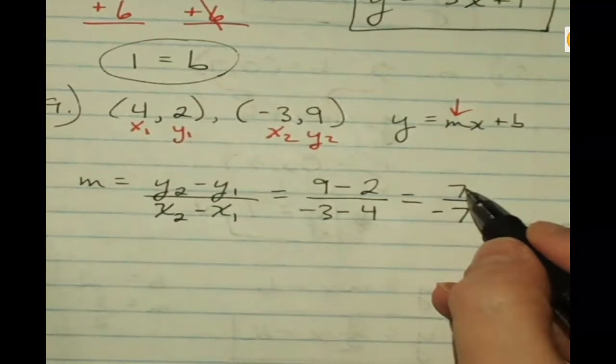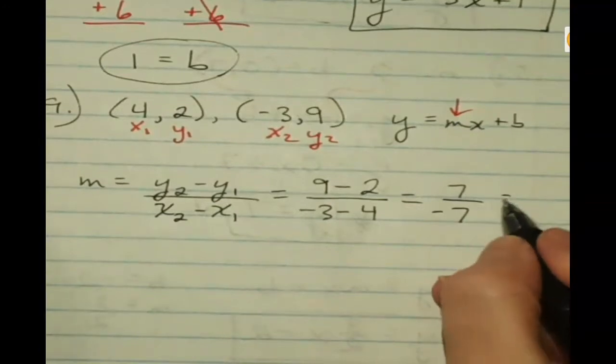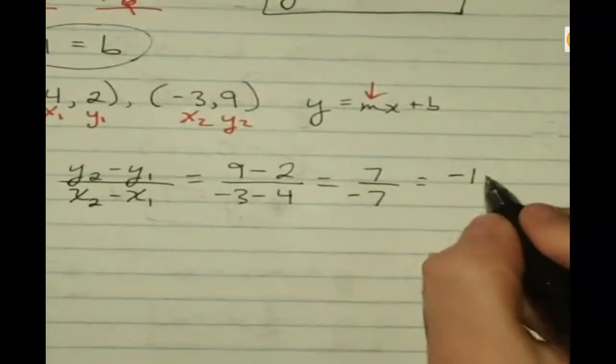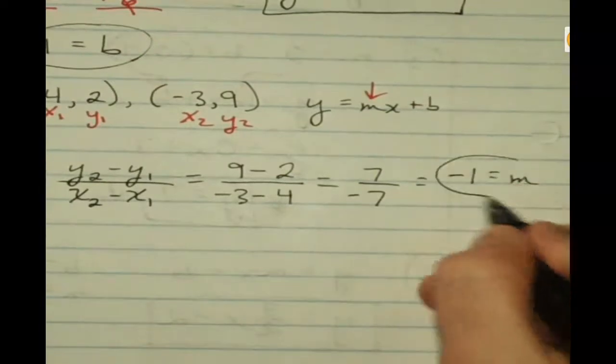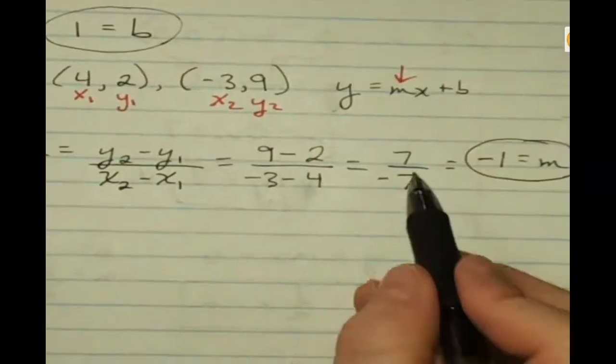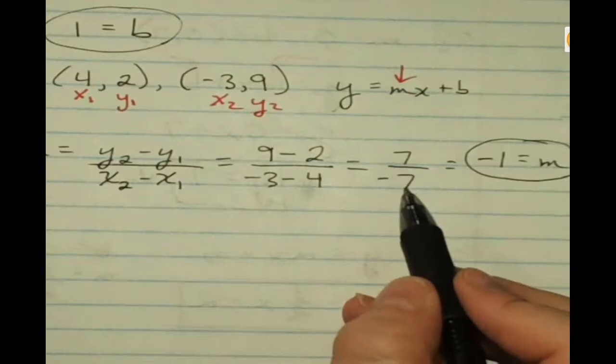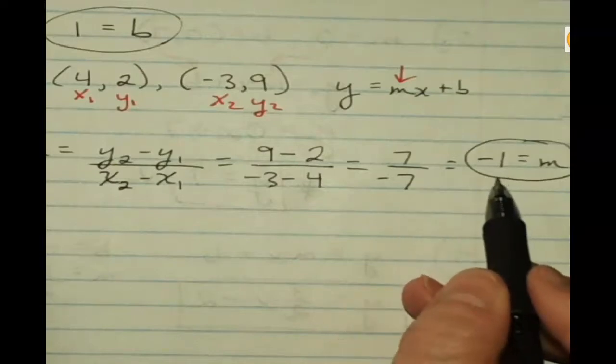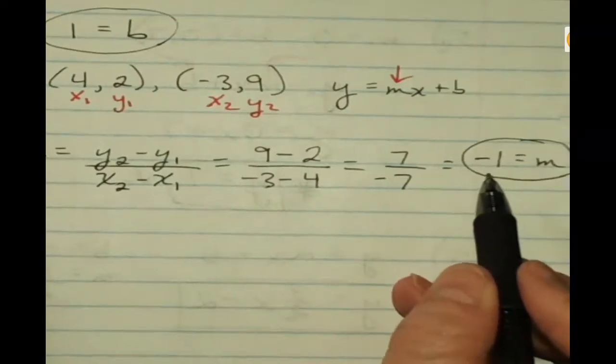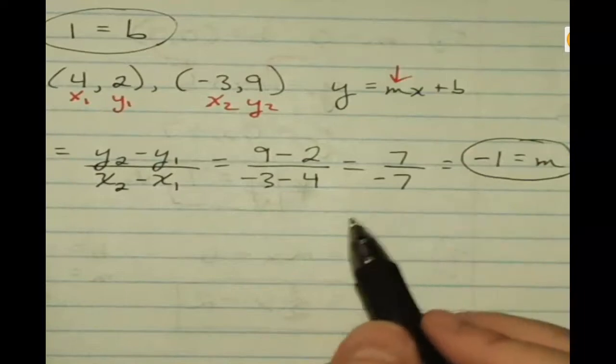So 7 divided by -7 is -1. That is your slope. 7 over -7 is, of course, your slope, but you have to put it in lowest terms, which would be -1. So it would be -1/1.